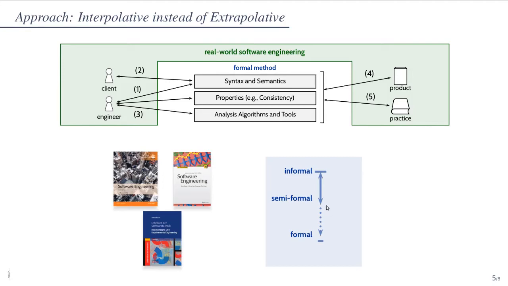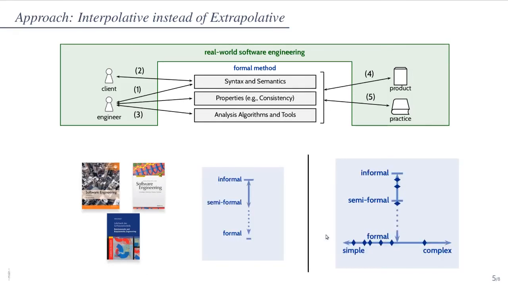Meaning, how do these formal variants of the software description languages look like? This is left to the imagination of the students. They need to extrapolate. What we are after and what we propose is to cover the very same things to connect to today's software engineering and then jump to the right extreme end of the scale and comprehensively introduce a collection of formal software description languages with a selection of formalisms that range between more simple ones, more complex ones, and are applied in the major activities of software engineering.